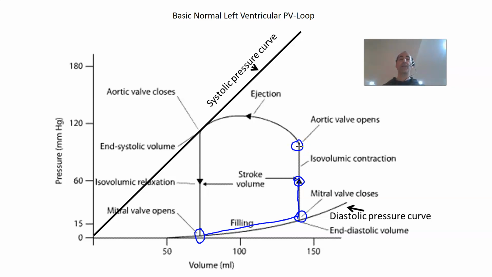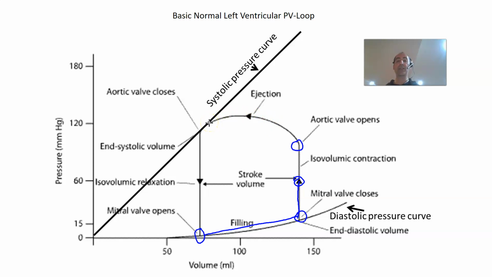So you increase the internal pressure of the left chamber of the heart to exceed that of the valve pressure. The valve pressure is about 80 millimeters of mercury, so you get to 80.5, 81, and the valve opens. You get ejection, you get a peak pressure, and then the pressure starts to come back down.